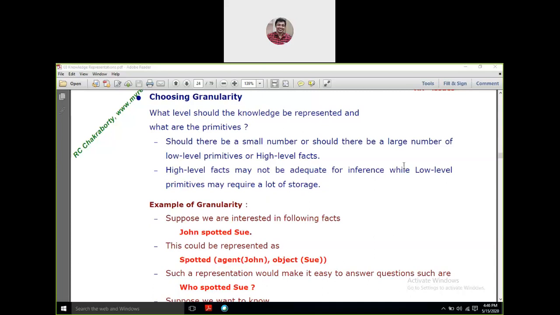Initially, when we were talking about the semantic nets and the frame representation, in case of frame representation, it comprised of many slots, and each slot carried different values, which we used to call the attributes, right?